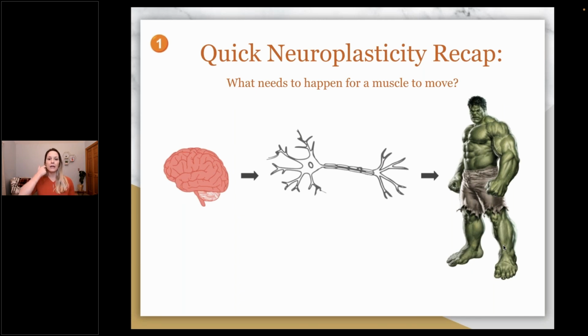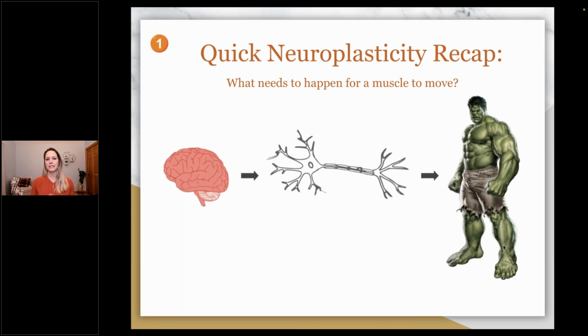And therefore, if you've tried regular physical therapy, regular exercise, traditional PT, and it hasn't worked for you, that's usually because you're focusing on muscle strengthening, muscle stretching, and forgetting about the neural component that connects your brain to your muscles.